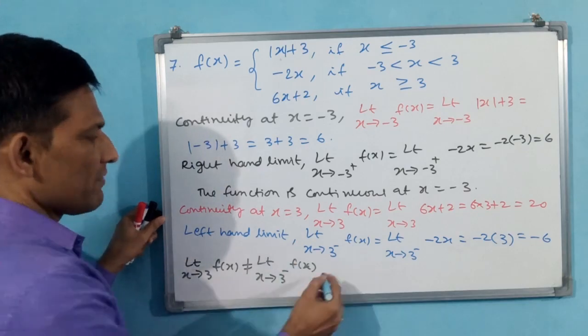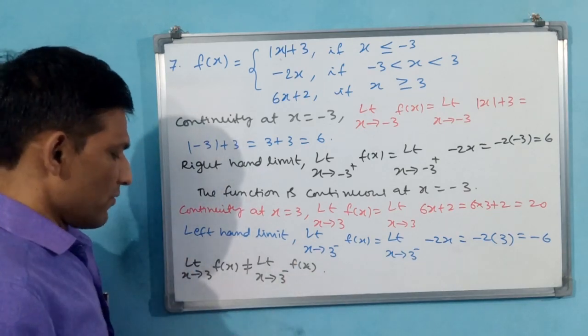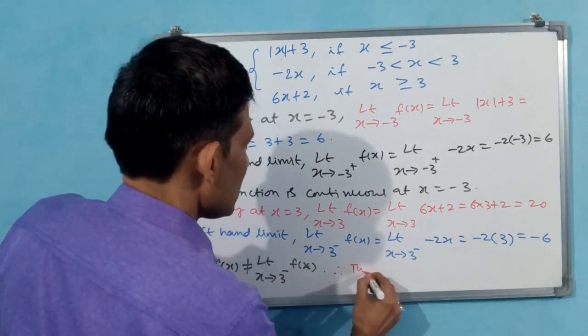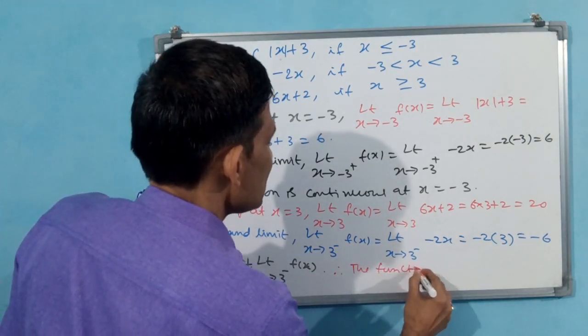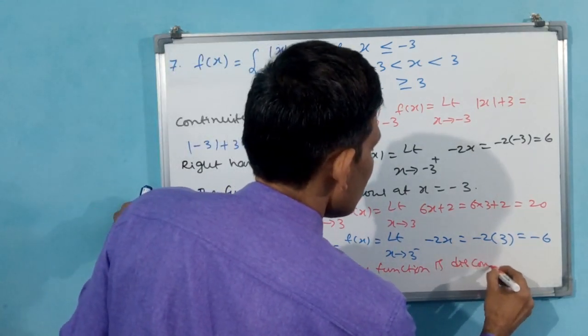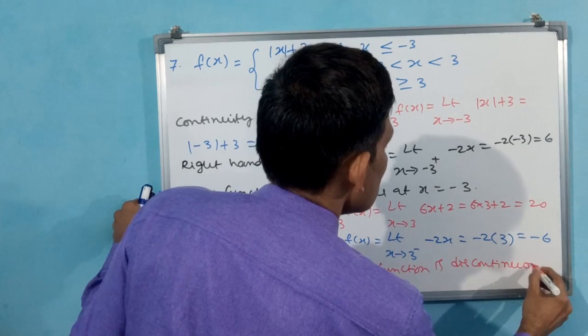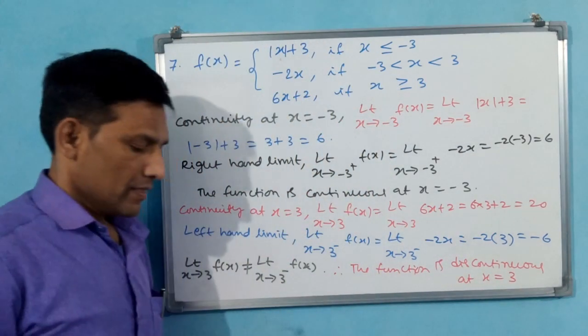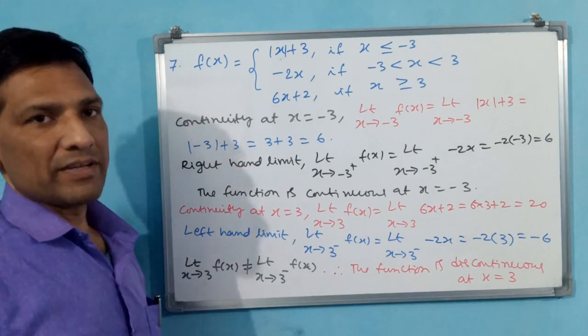Okay, both are different. Now write down, therefore the function is discontinuous at x is equal to 3. Okay, this is the answer for this question.